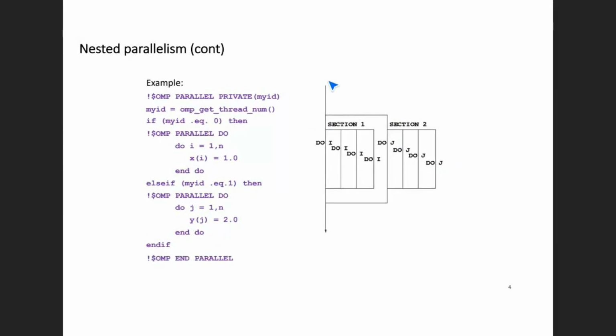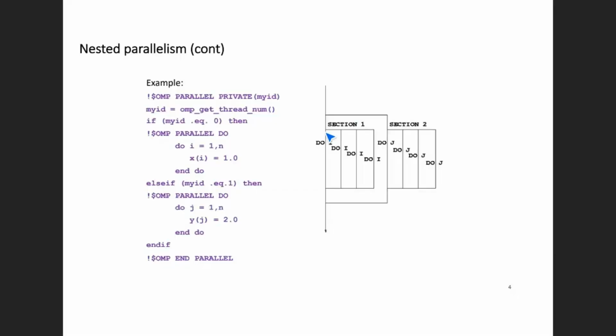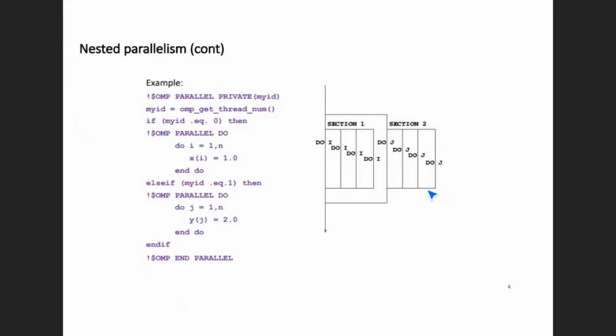I have the original master thread, an outer parallel region with two threads. Thread 0 itself creates a team of threads, I've shown 4 threads in total for the I loop here, and at the same time, thread 1 in the outer region also creates its own team of threads to execute the J loop. So this kind of structure of nested parallel regions is possible to do in OpenMP.